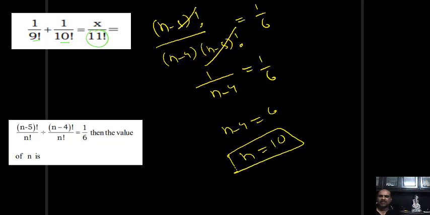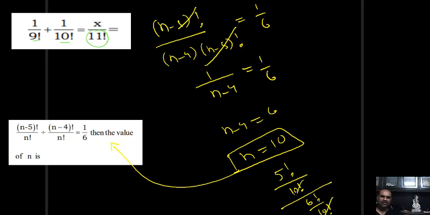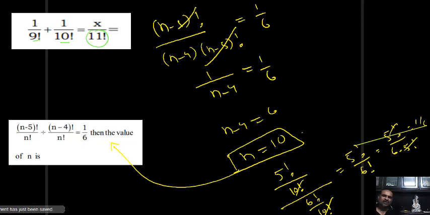The value n equals 10 you can check by substituting. (10−5)!/10! divided by 6!/10!. This gets cancelled: 5!/6!. 6! is 6 into 5!, they cancel, giving 1/6. That means you got the correct answer.